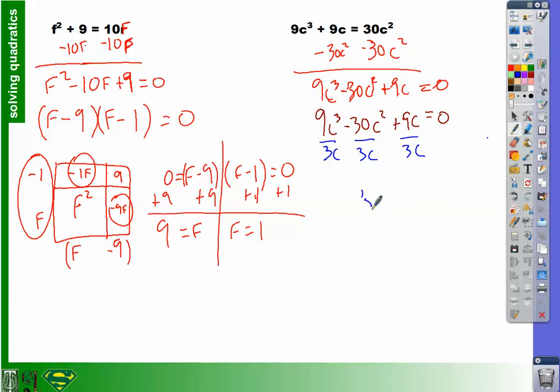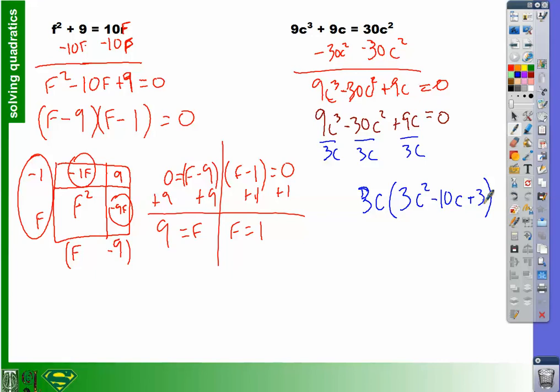And so we end up with 3c on the outside times 3c squared minus 10c plus 3, and the c canceled out, obviously. So when we're factoring this, I know that 3 times 3 is 9, and 9 plus 1 is 10.